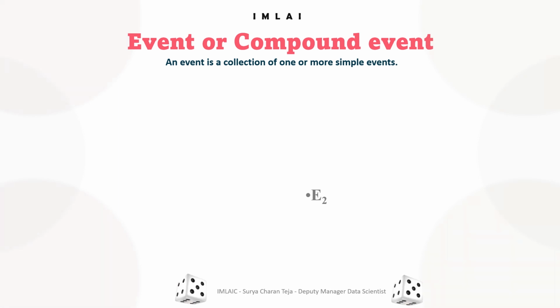That's what is called event or compound event. Both are used interchangeably. When we say event, that could mean either a compound event or just a simple event, whatever it may be. Even if it is a simple event, we call it an event. Even if it is a compound event, we call it an event. But a simple event is not the event, but an event can be a simple event.